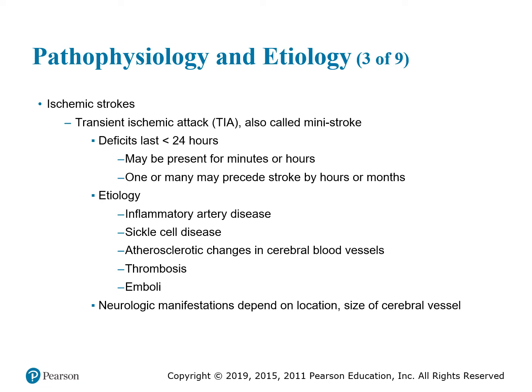Neurologic manifestations depend on the location and the size of the cerebral vessel. And look on page 1326, it gives you some manifestations: sudden onset and often disappear within a few minutes. Commonly occurring deficits are contralateral numbness or weakness of the hand, leg, forearm, and a corner of the mouth.